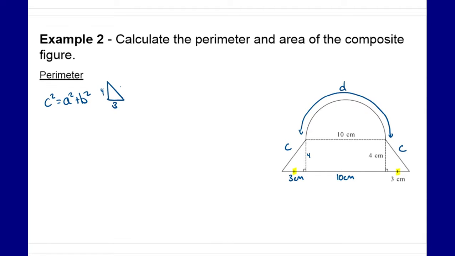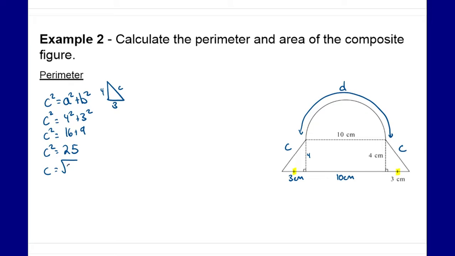Using the measurements that I have, 4, 3, and C for my hypotenuse. So that's why I labeled it C. I can take those values and plug them in. So 4 squared plus 3 squared equals C squared. C squared equals 16 plus 9. C squared equals 25. And then we want to square root that.